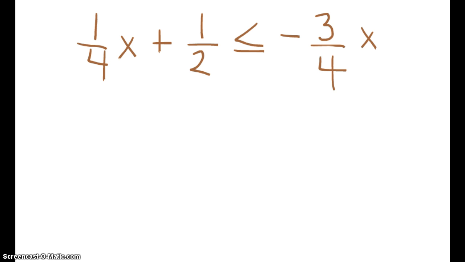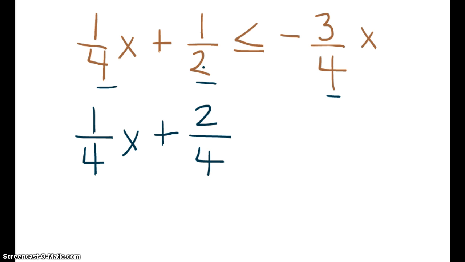Okay, so in this problem we have fractions, but we don't all have the same denominator. So we're going to go 1/4 x plus, I'm going to convert my 1/2 also to fourths. So that's going to be 2/4 is less than or equal to negative 3/4 x.